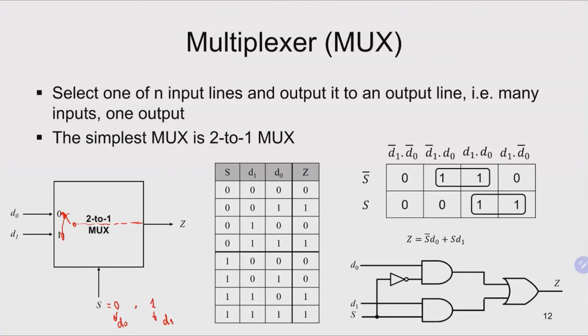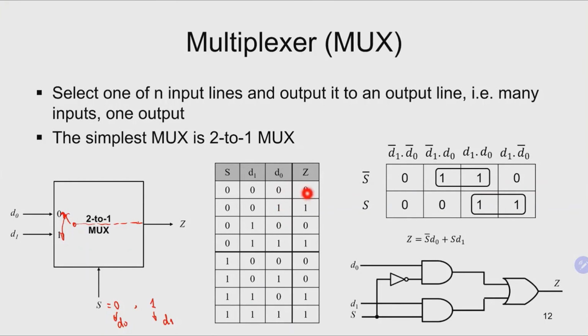If we list down our truth table, when S is equal to 0, we're going to select D0. The output will be whatever D0 is. So when S equals 0, it doesn't matter what D1 is; my output will follow D0.